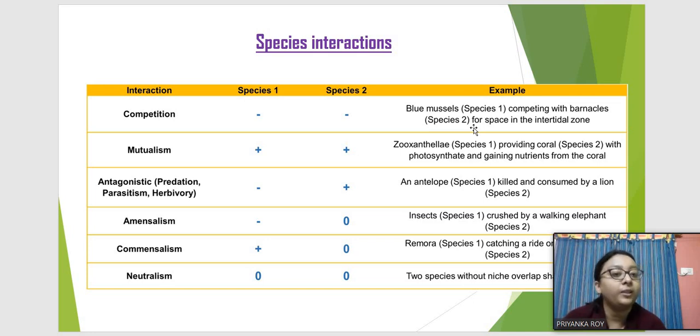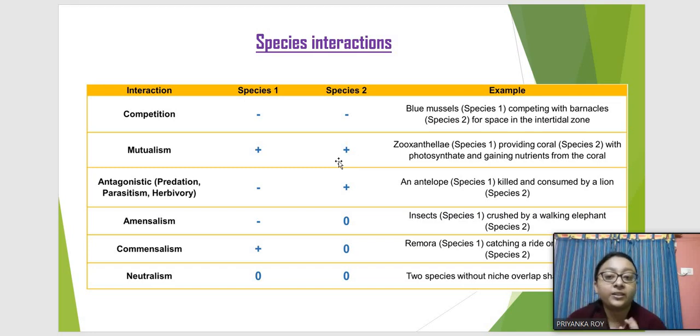That food they are giving the coral, and so the coral is taking that food and giving them nutrients in exchange. So zooxanthellae, since it's a photosynthetic organism, they are taking some nutrients from the coral. So it's a give and take kind of relationship, like a barter system going on. You give me this and I give you that. So both parties are benefited here. So therefore species 1 is also positive and species 2 is also positive.